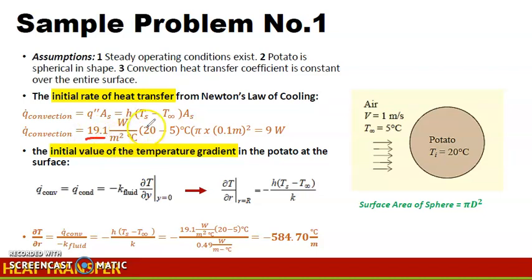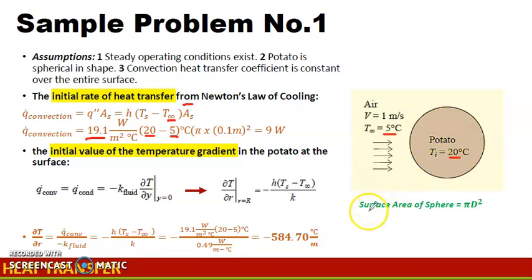Ts is the surface temperature of the potato that is given, that's 20 degrees Celsius. And then the fluid temperature, that is the temperature of the refrigerated air, is 5 degrees Celsius. Our surface area here is the surface area of the potato, which is a sphere.